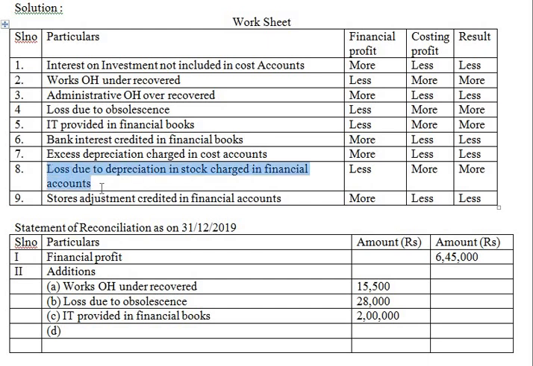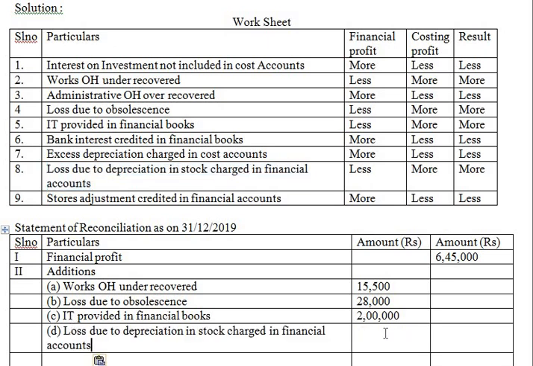Then loss due to depreciation in stock charged in financial accounts, and the amount is 33,500. Now we have taken all the additions to be made.